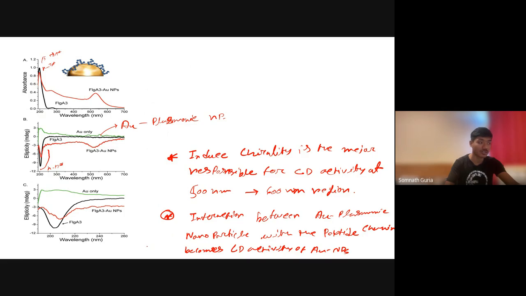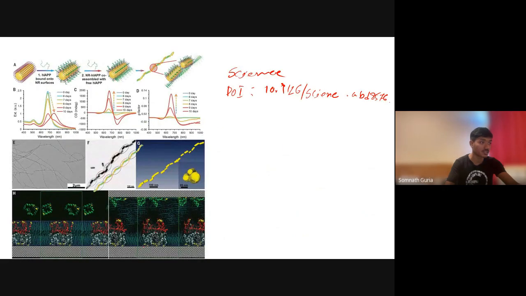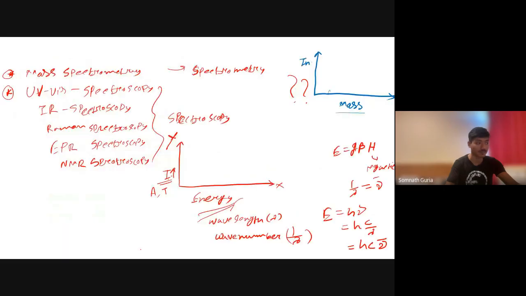Then we saw how chirality is induced in plasmonic gold nanoparticles by peptides, and there is enhancement of the CD activity when exposing the nanoparticles to peptides for a long period of time, because they form different helical structures.